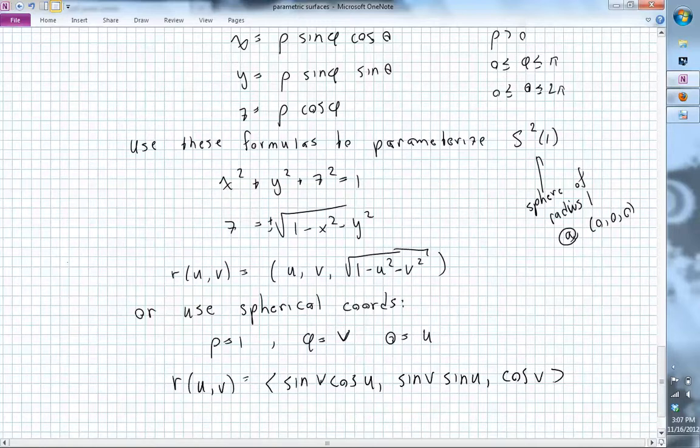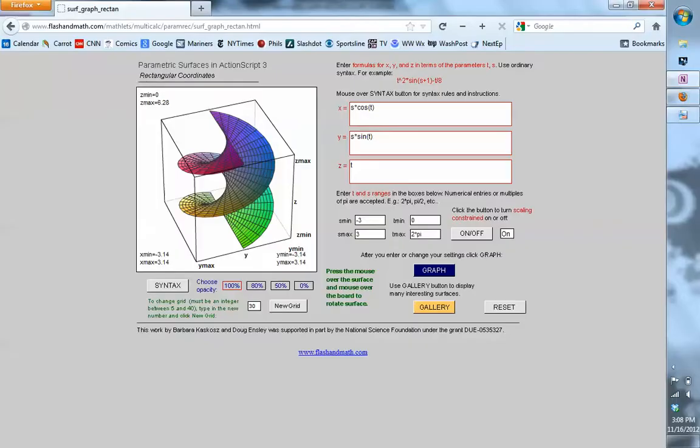Let's plug that into the plotter and just confirm that. Perhaps play around with it a bit. I've got to think about this. Sine t cosine u, sine t sine u, and cosine t.